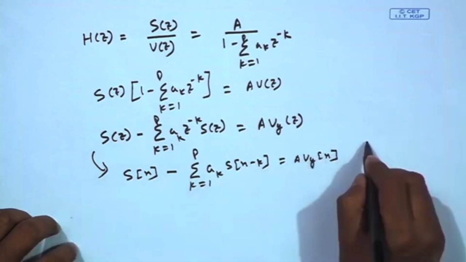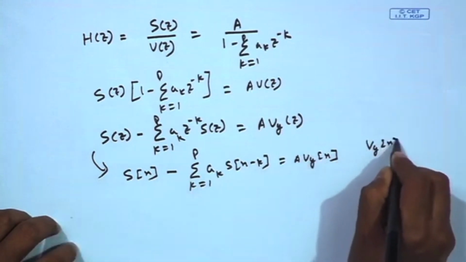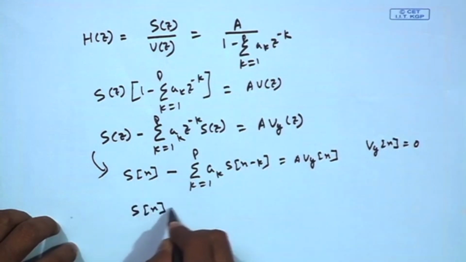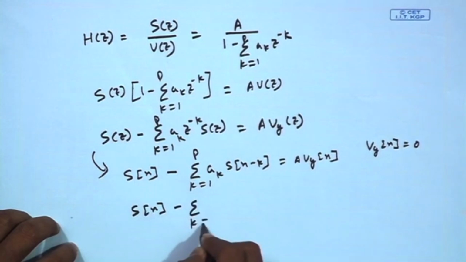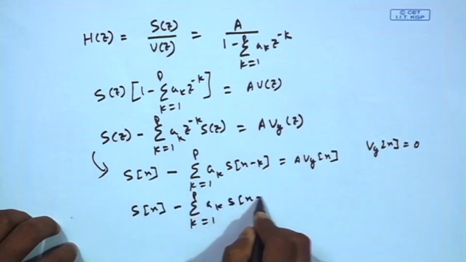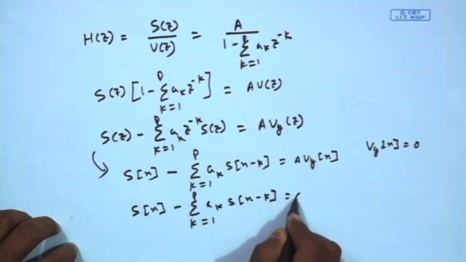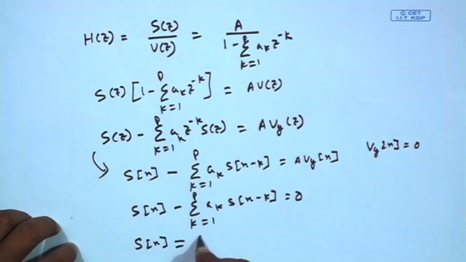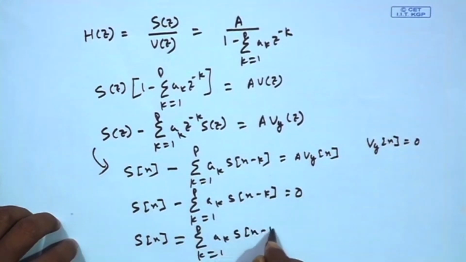Now, if I consider that u_G(n) is equal to 0, then I can say s(n) minus the sum from k equal to 1 to p of a_k s(n minus k) is equal to 0, or I can say s(n) is roughly equal to the sum from k equal to 1 to p of a_k s(n minus k).